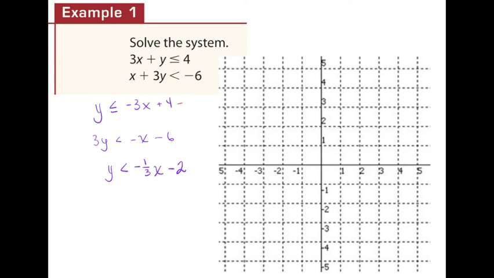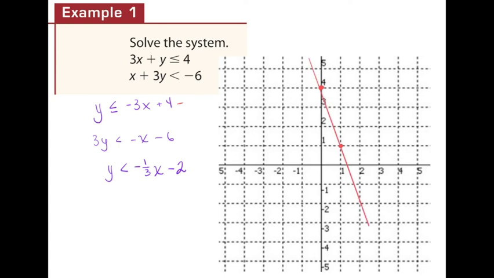So if I take this first line here, I would start at positive 4. Positive 4 with a negative 3 slope is down 3 and over 1. I'll determine that this is a solid line because I have an or equal to. So I'm going to go ahead and connect those dots with a solid line. And then I have to decide where my shading is.